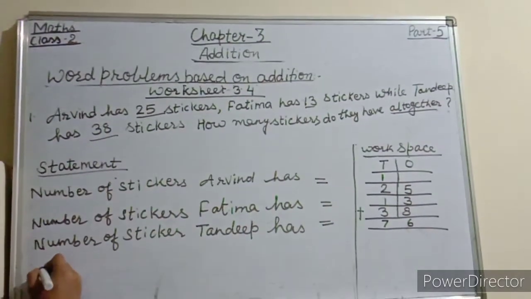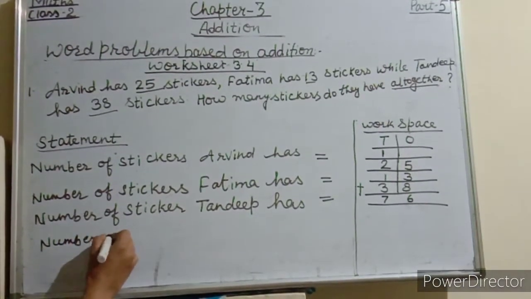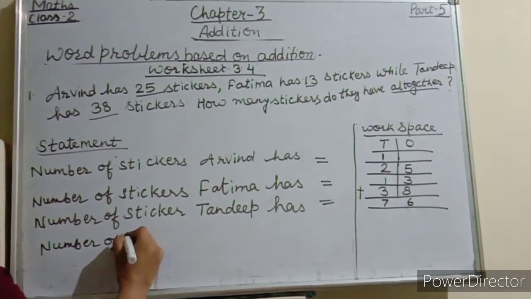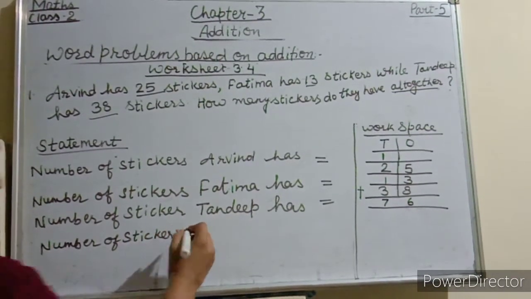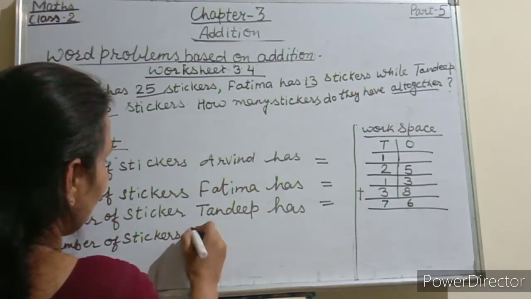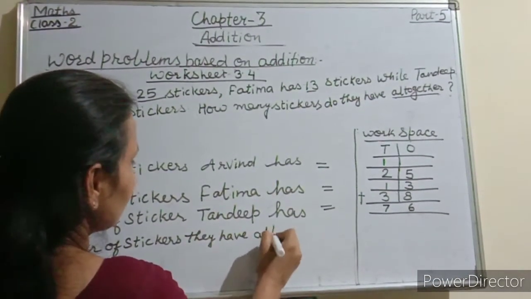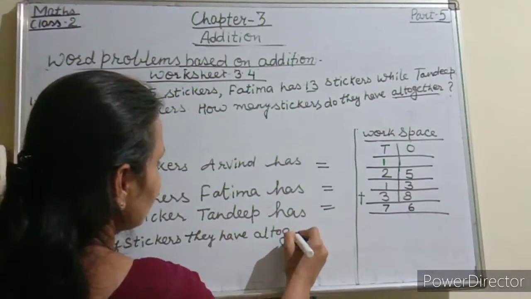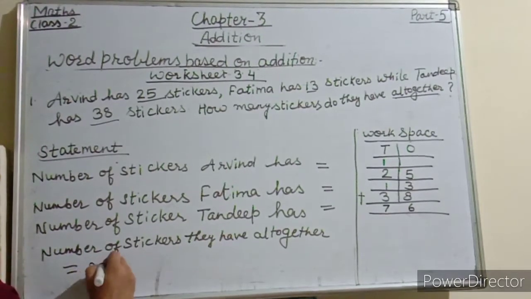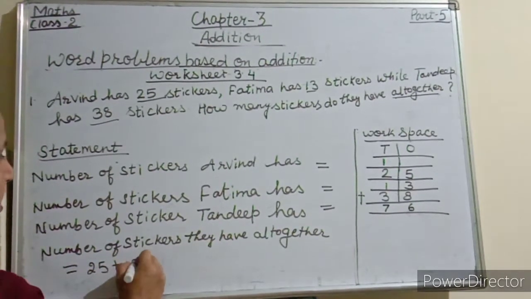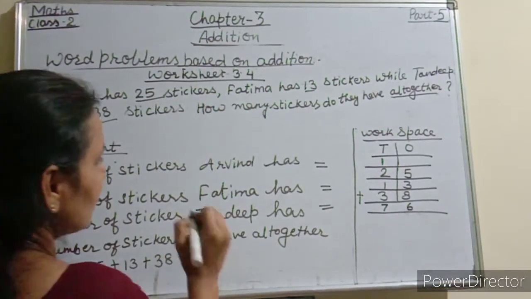So here we will write number of stickers they have all together is equals to 25 plus 13 plus 38 is equals to 76.